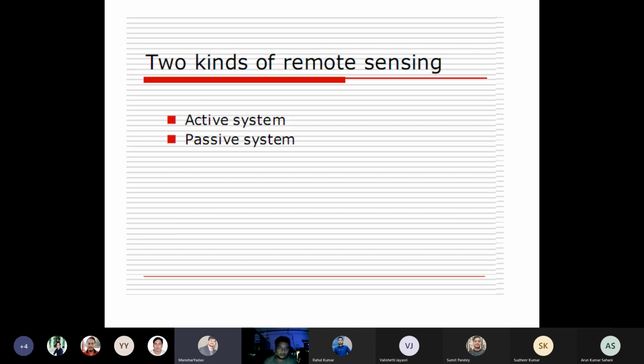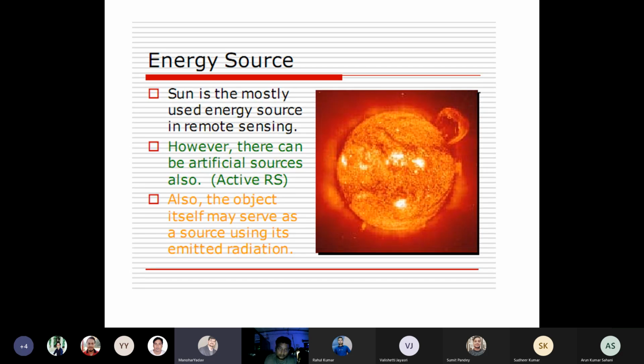Okay, so we have two types of remote sensing systems: active system and passive system. You already know the difference between these two. In case of passive, the sensor system doesn't have its own energy source. It relies on an external energy source, while in case of active system, it has its own energy source.